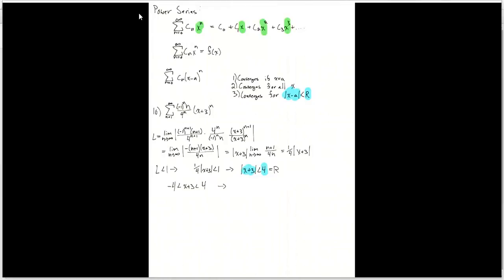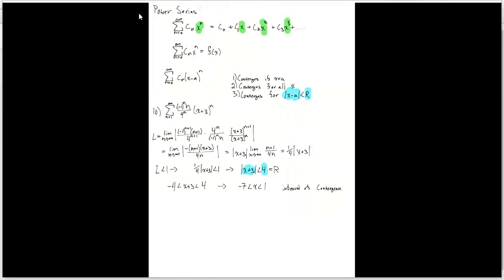So -7 less than x less than 1 if you subtract 3 from each side. And this is our interval of convergence. So this power series converges if x is between -7 and 1.